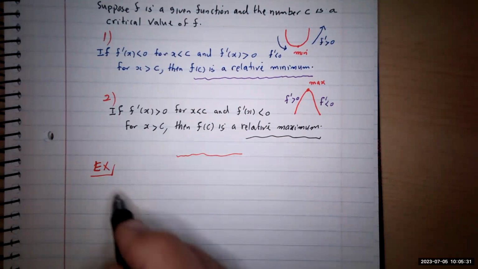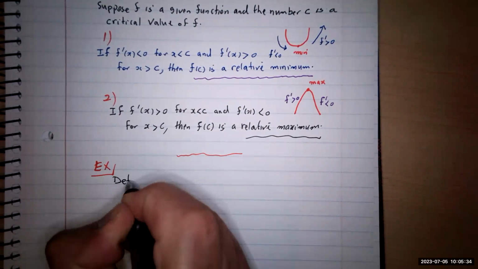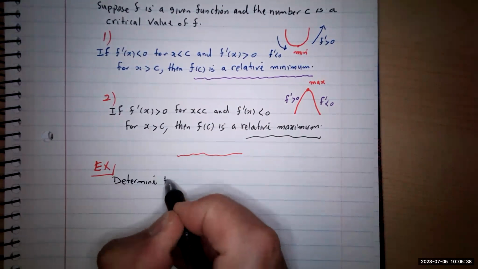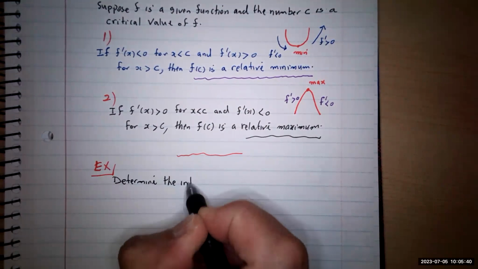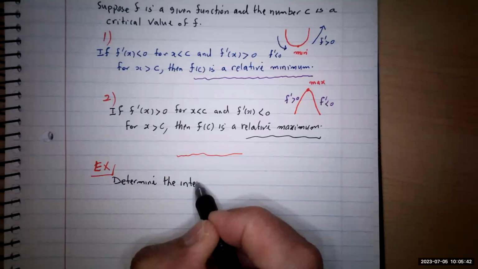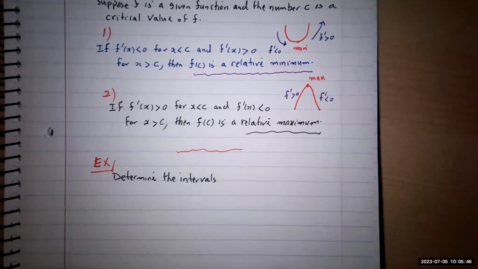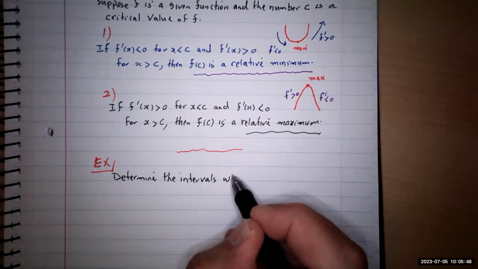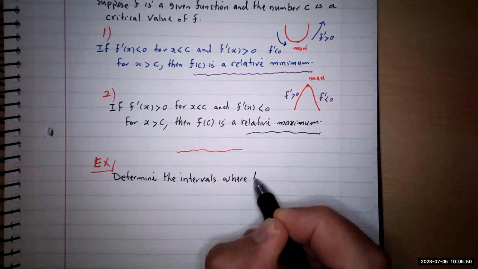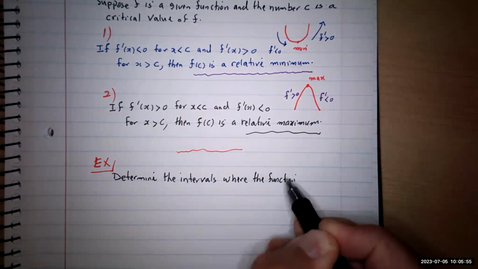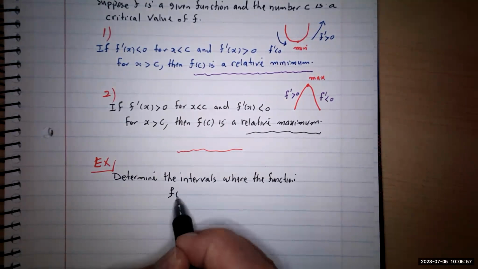Determine the intervals. This is the way they express the problem, and you find out using the first derivative test. Determine the intervals where the function is given. This is the function f of x.